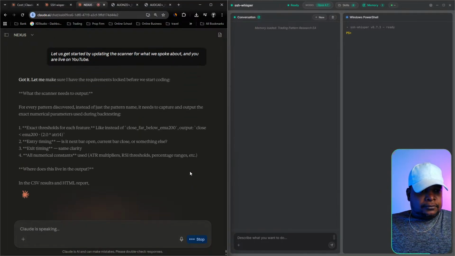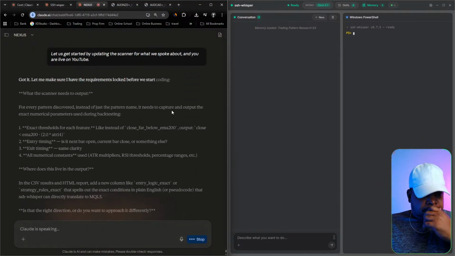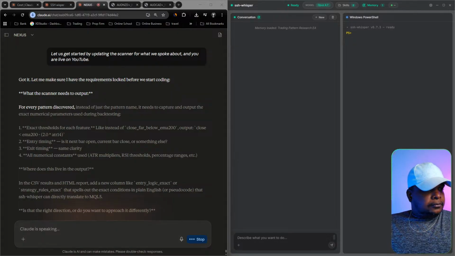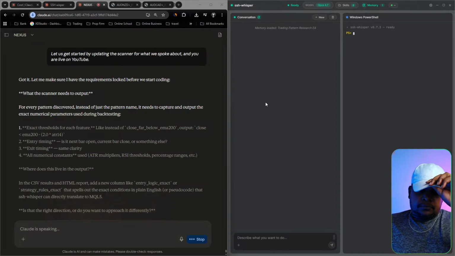Got it. Let me make sure I have the requirements locked before we start coding. What the scanner needs to output. For every pattern discovered, instead of just the pattern name, it needs to capture and output the exact numerical parameters used during backtesting. One, exact thresholds for each feature.